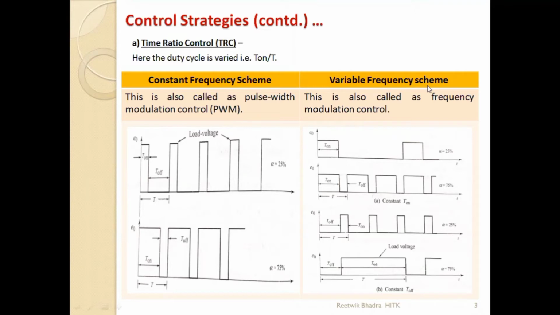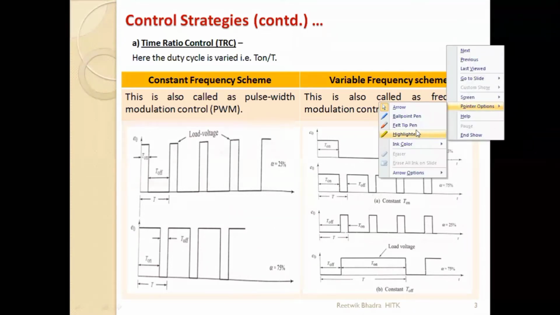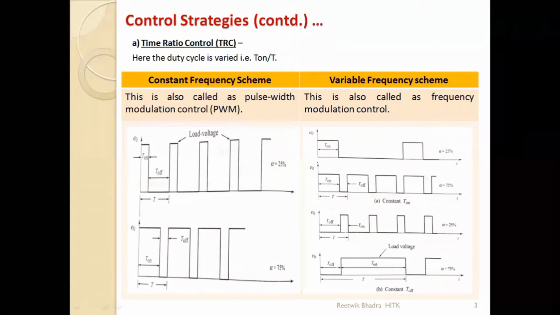Next, what is the variable frequency scheme? Now in the variable frequency scheme, your time will change. See this first one. This is my T on. This portion is T off. Up to this is my T now.